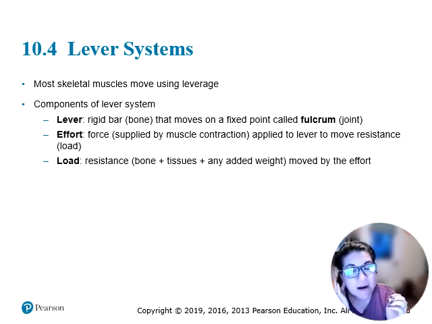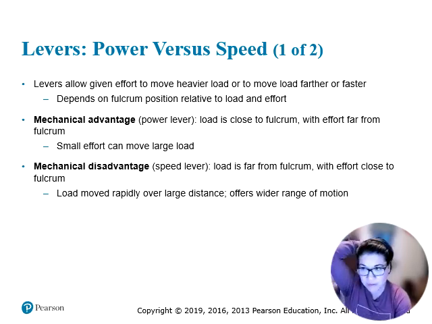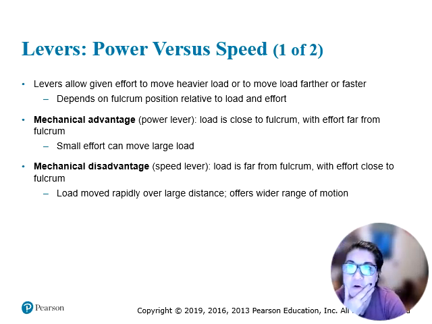The effort is where the muscle's contracting, and the load is what's being moved, okay? When you're dealing with levers, you can calculate how powerful they are using mechanical advantage, which is how much effort it takes to move the load. And then there's also mechanical disadvantage, and it deals with the distance that you're moving the load.